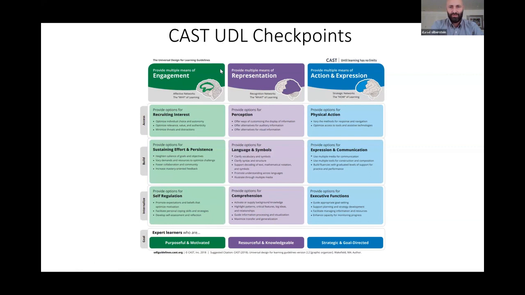Is it within the language and symbols? Like, is it helping clarify the vocabulary or actually teaching them a morphology or decoding program that can benefit their literacy development? And then, of course, for their comprehension. And so there's a lot of different areas within UDL and reading challenges where they all overlap.